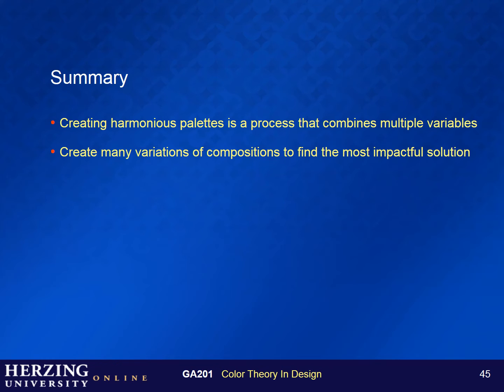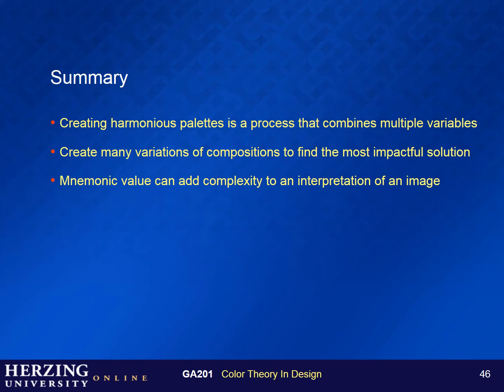Designers should create many variations of the same composition to find the most impactful color solution. Playing upon a viewer's preconceived notions of color is called mnemonic value. When used correctly, mnemonic value can add a level of complexity to a viewer's interpretation of an image.